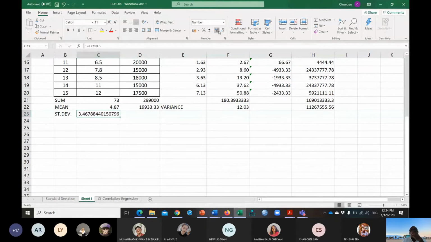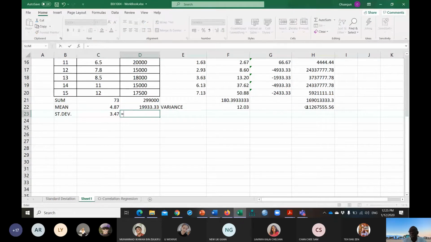Let's do 2 decimal places. Let's see if it is the same thing. This is equal to this raised to power 0.5.